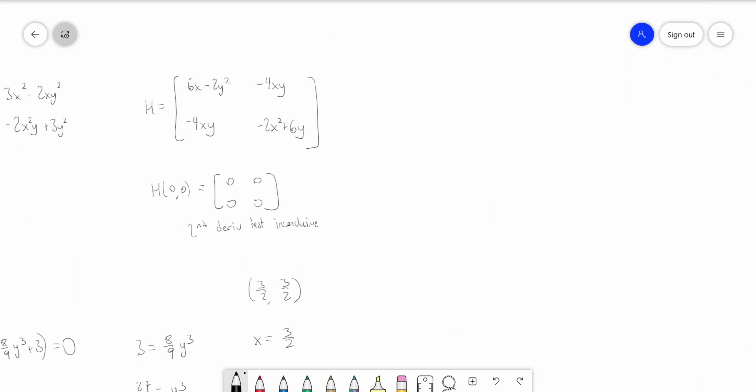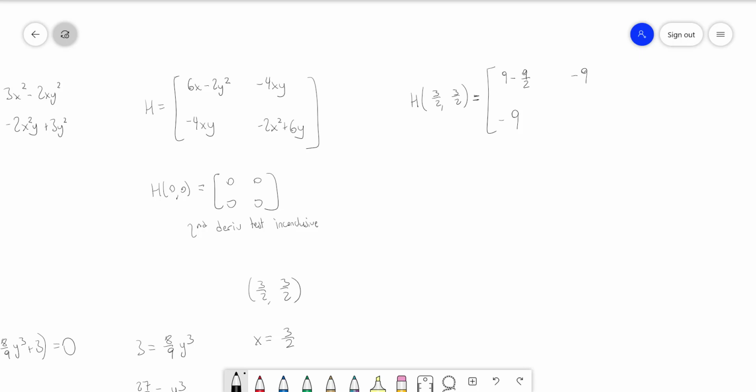Let's try plugging in our other critical point. So if I plug in 3/2 for x, it's going to be 9 minus, and then see, we plug in 3/2 for y, that'll be 9/4 times 2, so minus 9/2. 9/4 times 4, so -9 for each of these.